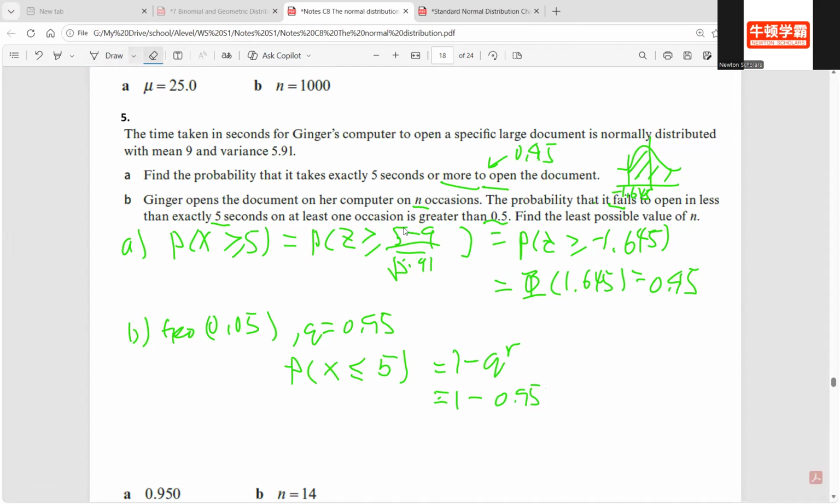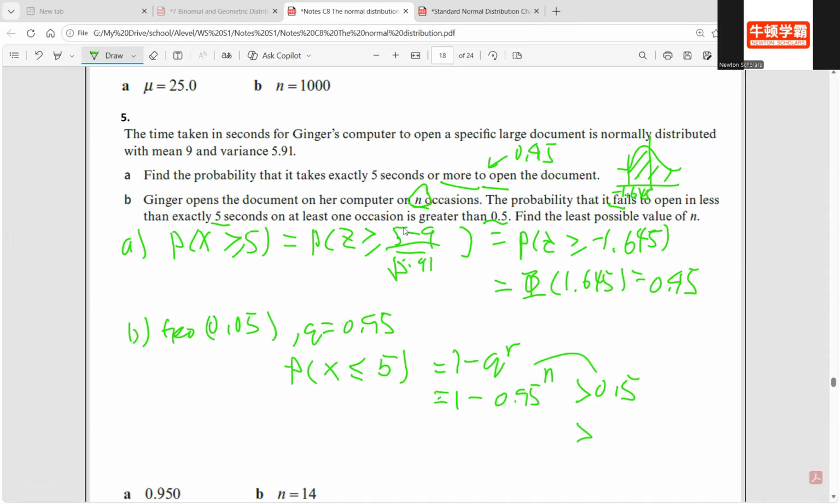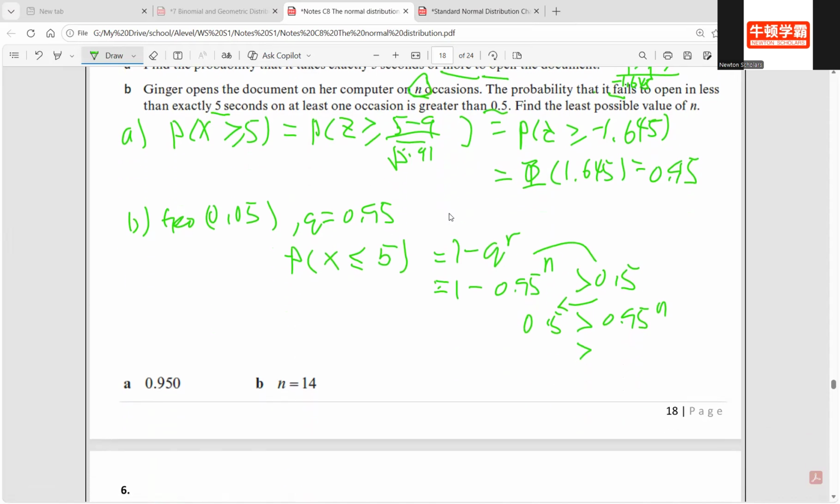Because he said that it is n occasion, I said that it is n. Then he said it is greater than 0.5. So I move this one here, and I will get 0.5 greater than 0.95 to the power n. Now I have to do ln on both sides.